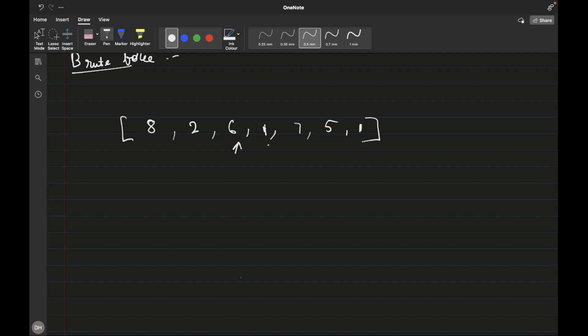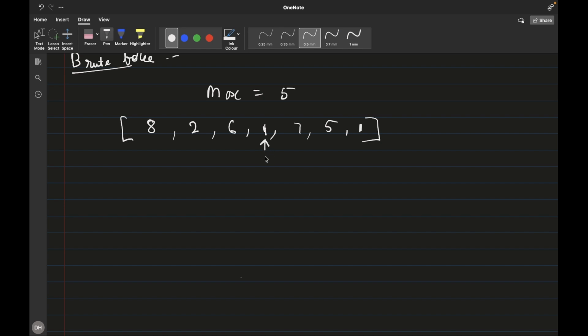Selling it for 1 rupee will give us a loss, so our current max for now is 5. Buying for 6 and selling for 7 is a profit of 1 rupee, so that is less than the maximum profit that we could have got. So we are going to ignore this. In this case, we'll make a loss, and here also we are going to make a loss. We'll continue to iterate.